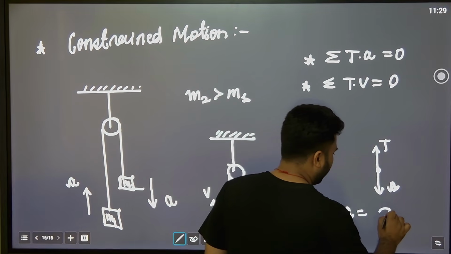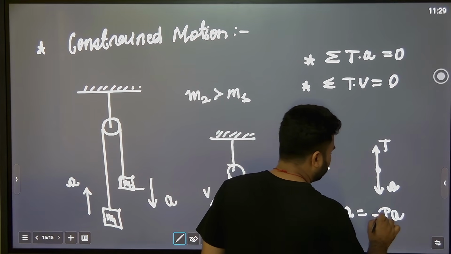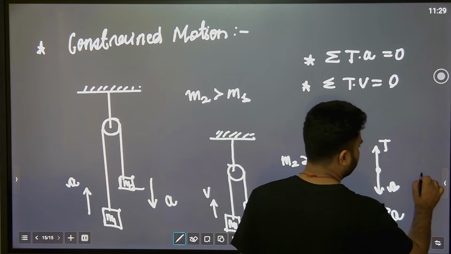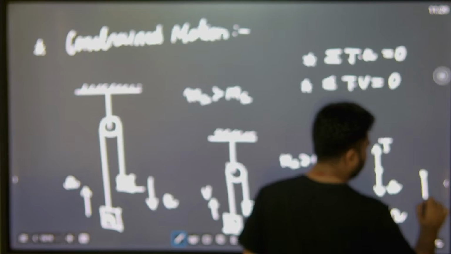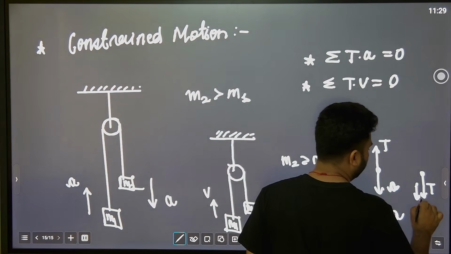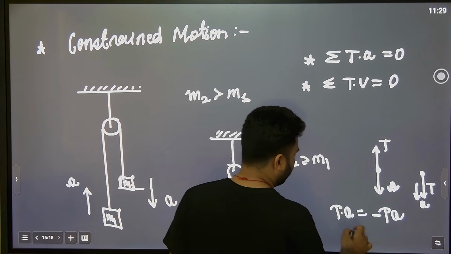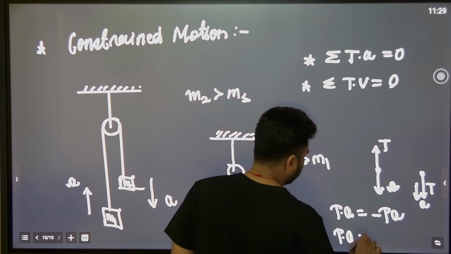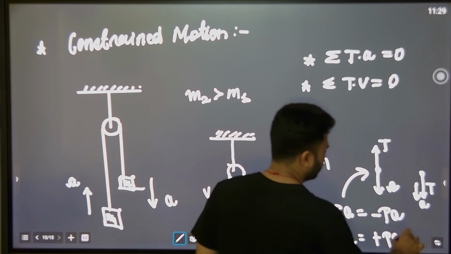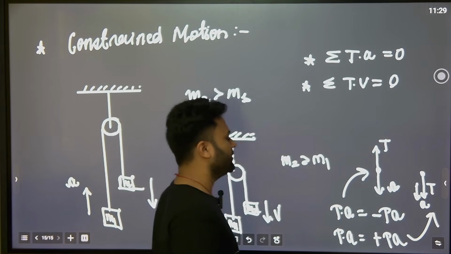So TA cos 180 degrees means minus TA. Acha, suppose tension is acting downward and acceleration is also downward, then you will write plus TA.